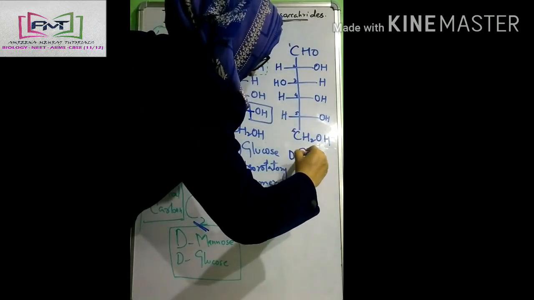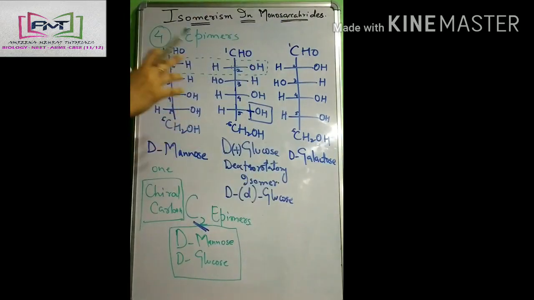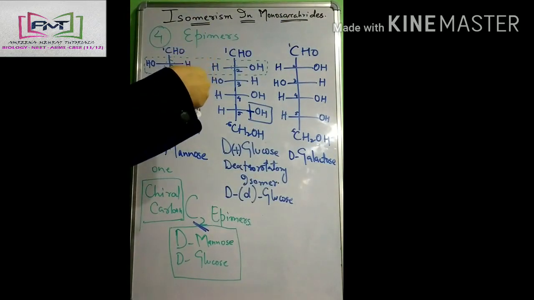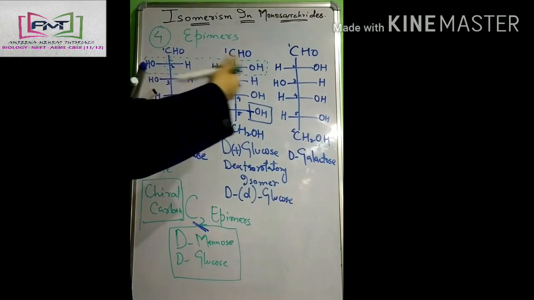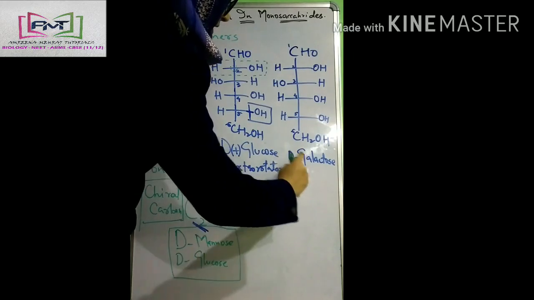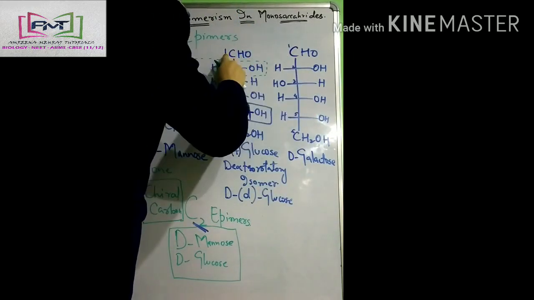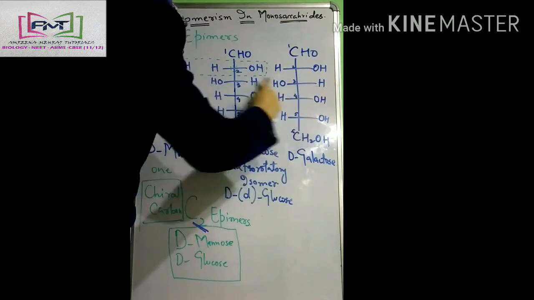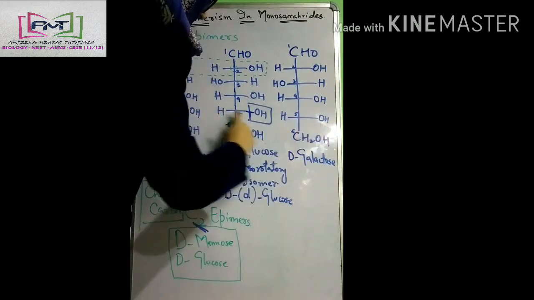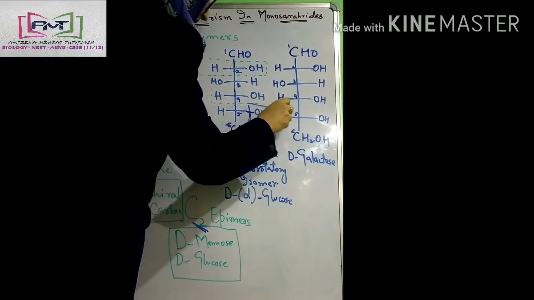Which is this compound I have drawn? This is D-galactose. Okay, my dear students. So these 2 differ. Do D-glucose and D-galactose differ from each other? Yes, they differ. This is same, this is same, this is same, but this is not same. They differ at which chiral carbon?